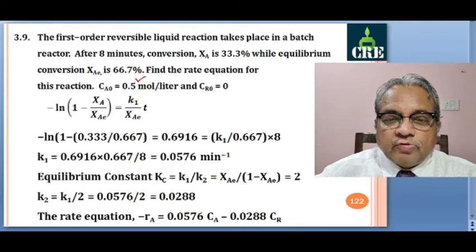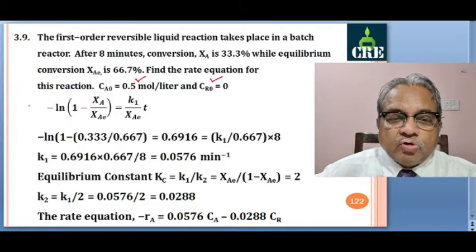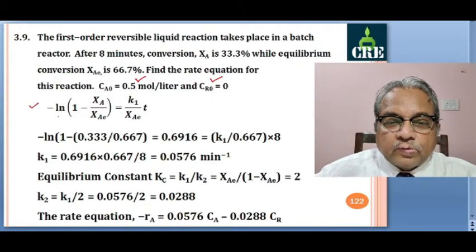Ca0 is given as 0.5 moles per liter, Cr0 is 0. So for this condition, we have this integrated form of rate law for first order reversible case, which we have derived earlier. Minus ln of 1 minus xa by xae is equal to k1 by xae into t.